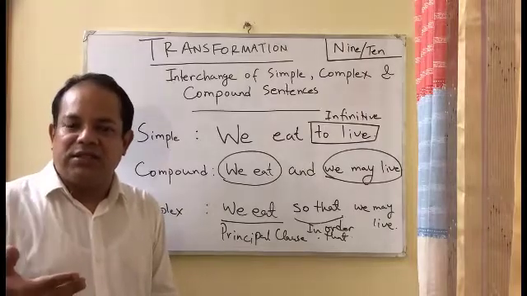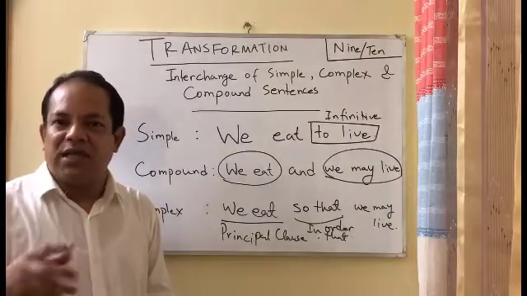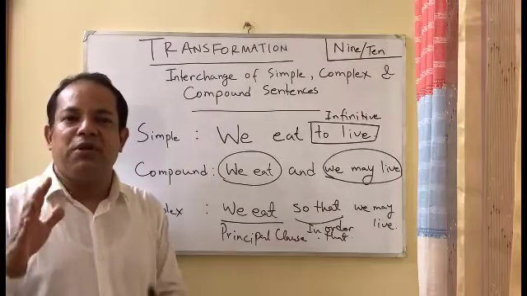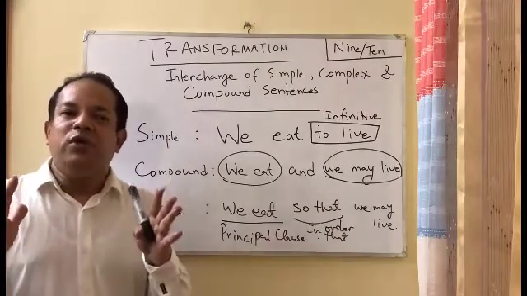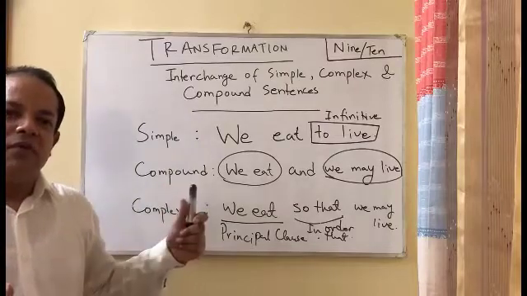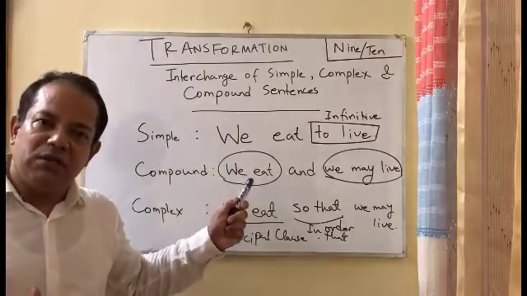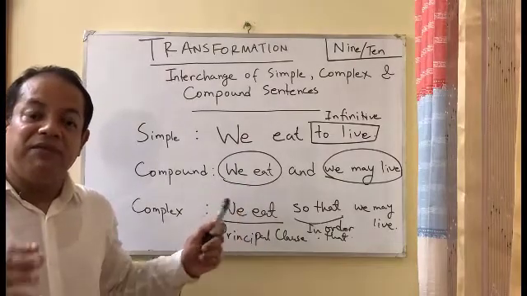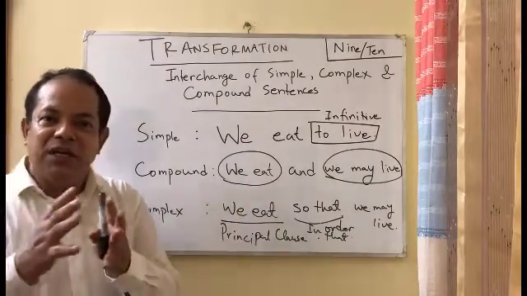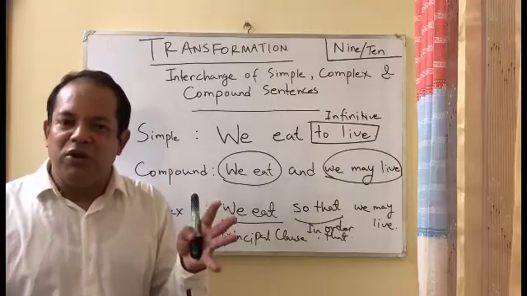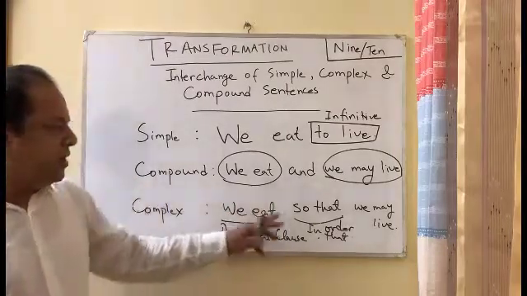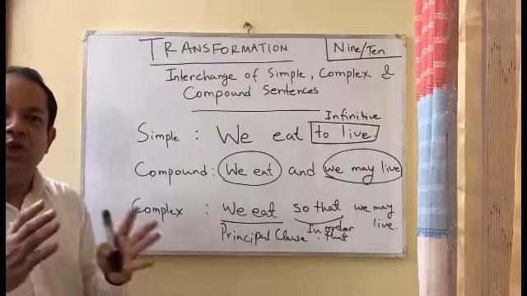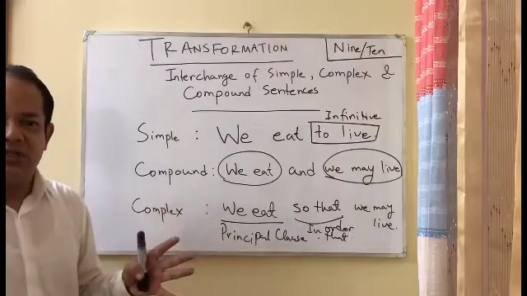In my next class, I will give you a chart, a list of subordinate conjunctions. Already you have got a list of coordinate conjunctions in a very simple way, that means fanboys. Fanboys means all are coordinate conjunctions, and in complex sentence we use subordinate conjunctions to connect two clauses.